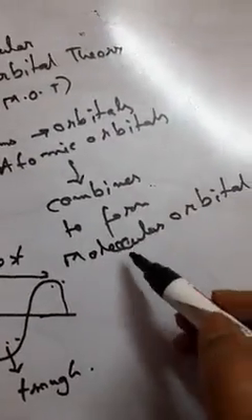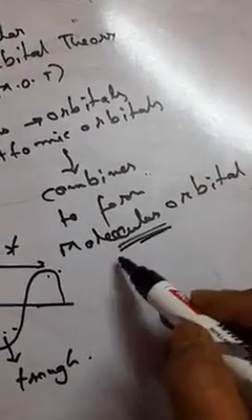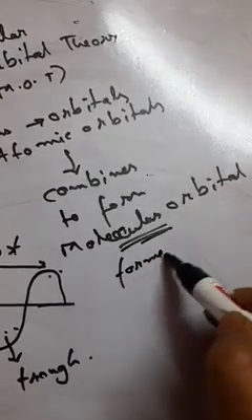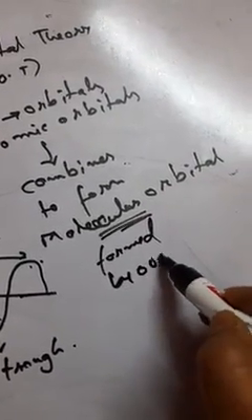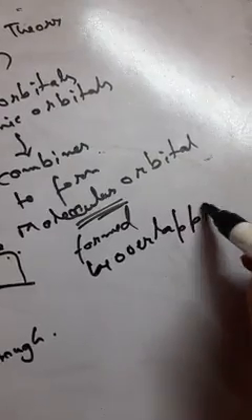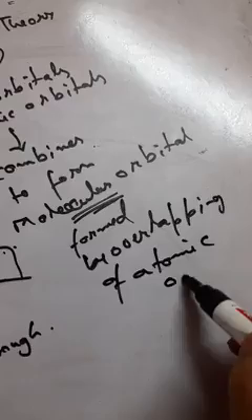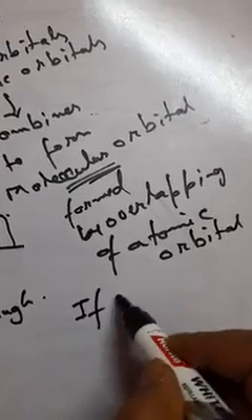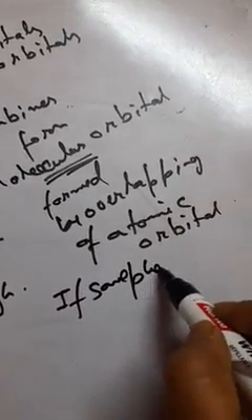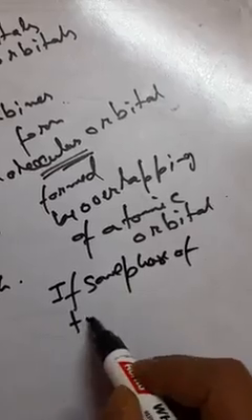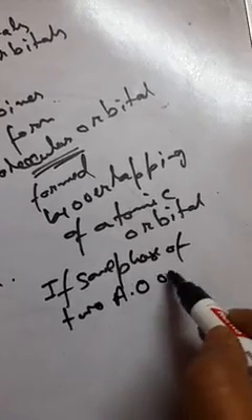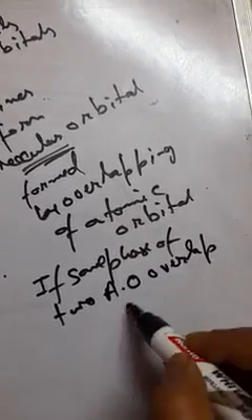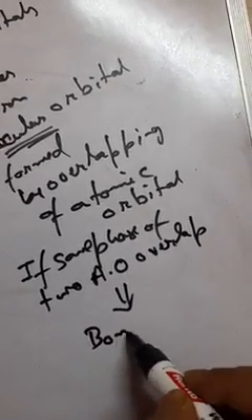Now, a molecular orbital is formed by overlapping of atomic orbitals. If the same phase of two atomic orbitals overlap, then it forms a bonding molecular orbital.